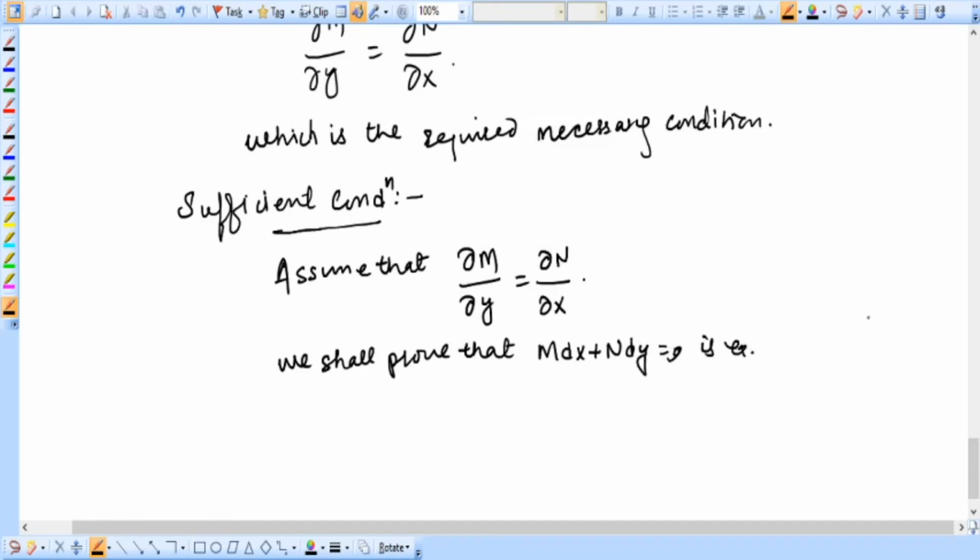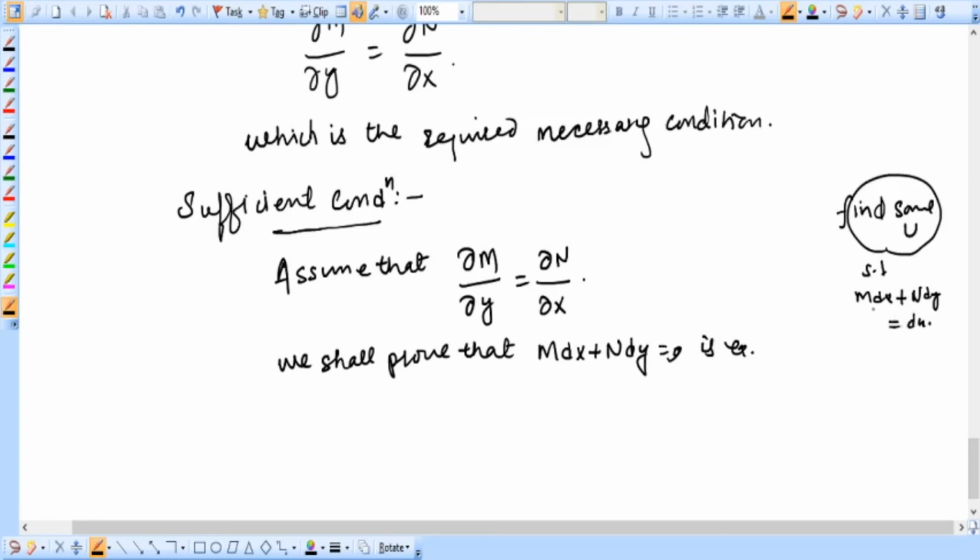So see, we have to prove that Mdx plus Ndy is equal to 0 is exact, but how are we going to prove that? We are going to find some u. Okay, this is the process. Find some u such that Mdx plus Ndy becomes equal to the differential of that u.